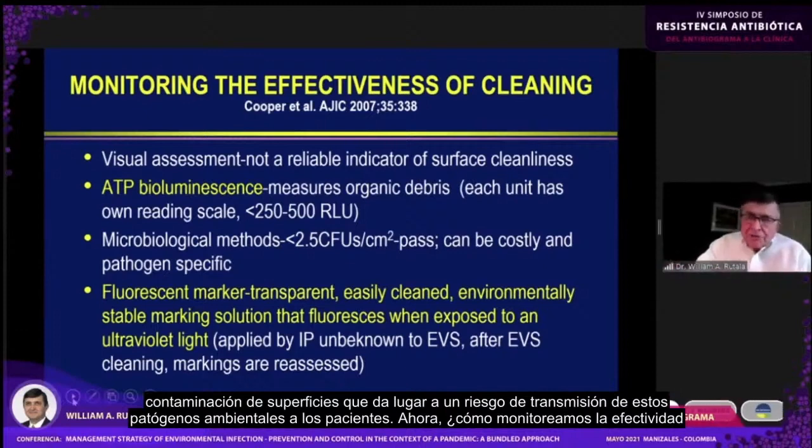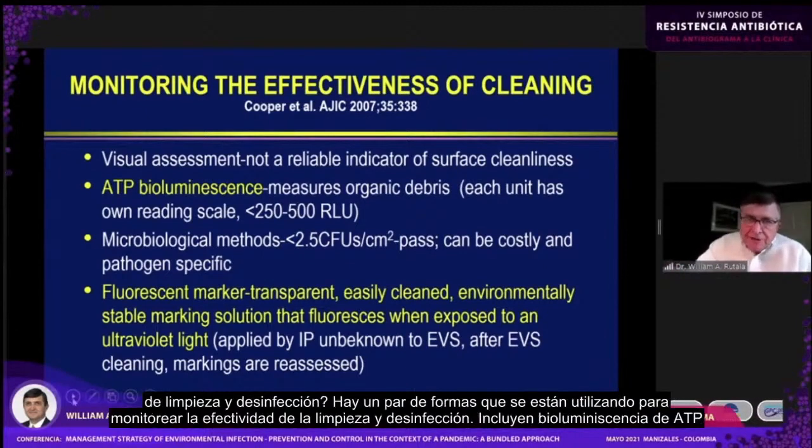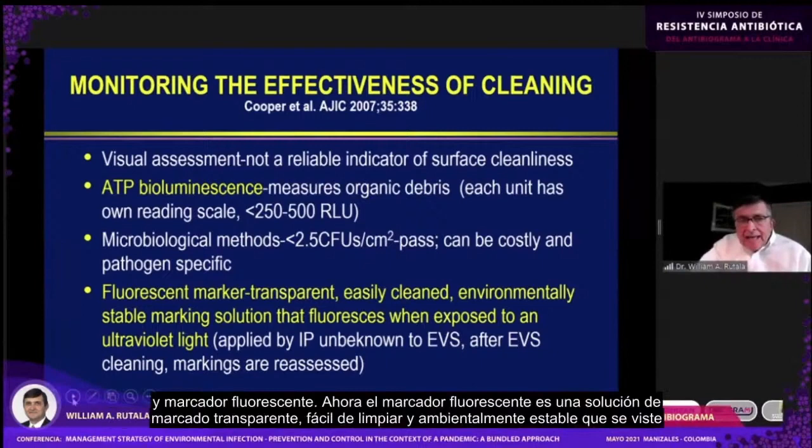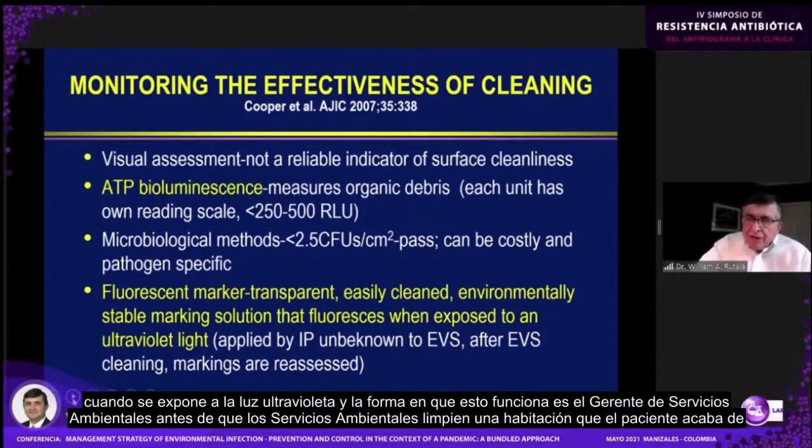Now, how do we monitor the effectiveness of cleaning and disinfection? There are a couple ways that are being used. They include ATP bioluminescence and fluorescent marker. Now, the fluorescent marker is a transparent, easily cleaned, environmentally stable marking solution that fluoresces when exposed to an ultraviolet light.